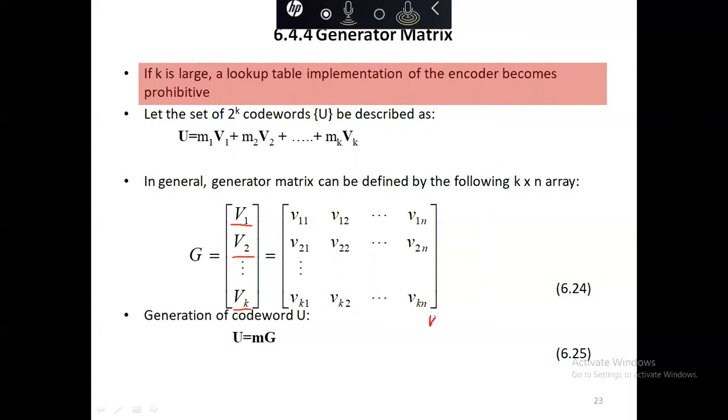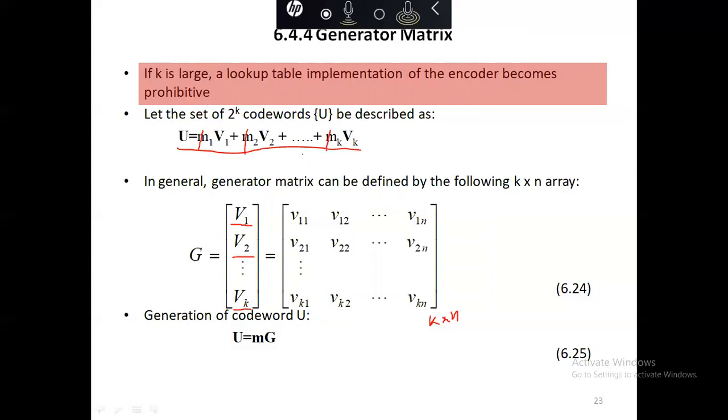So it's a k by n matrix. But in fact, I'm not choosing all the code words to generate the code word. First, we call it the linear block code because it is the linear combination of the message.